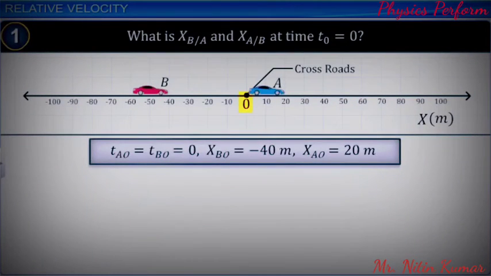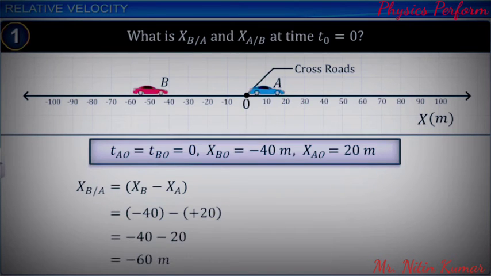Taking the crossroads as the origin O and time equal to 0, xB/A is equal to xB minus xA. This is equal to minus 60 meters.